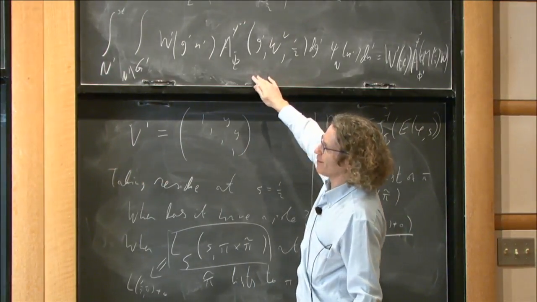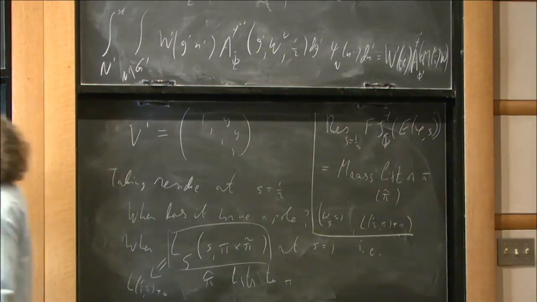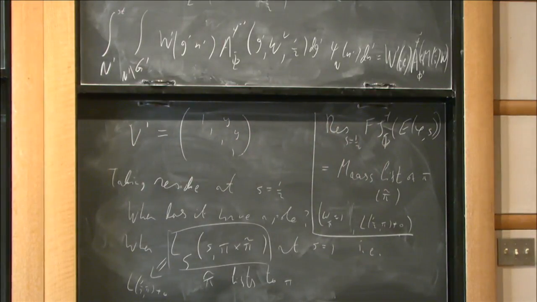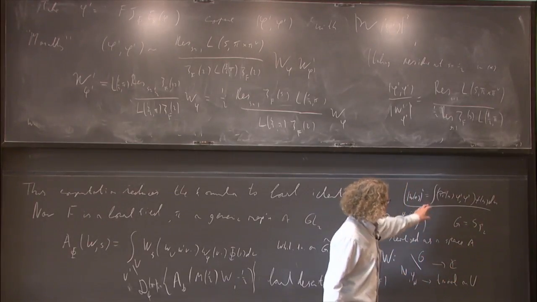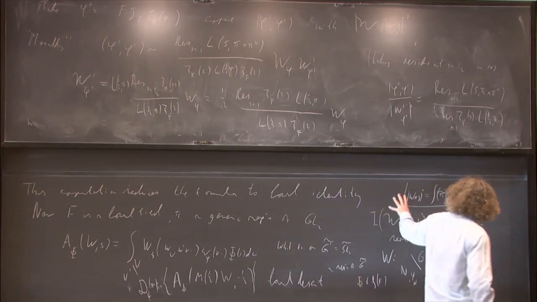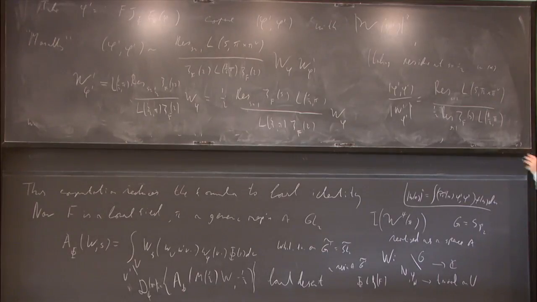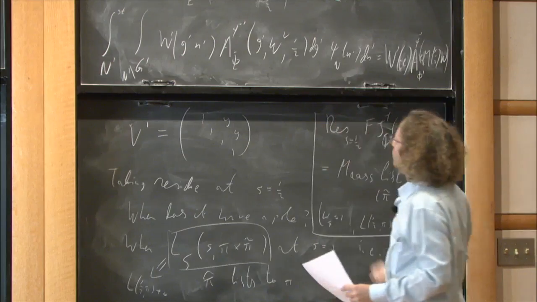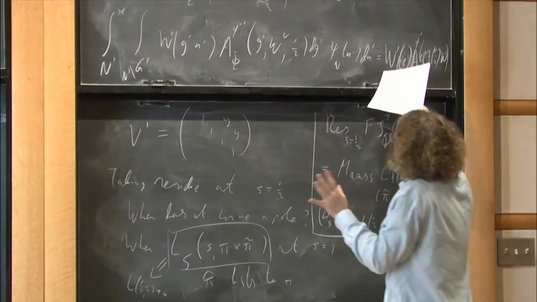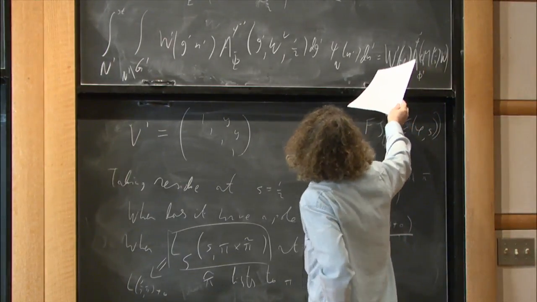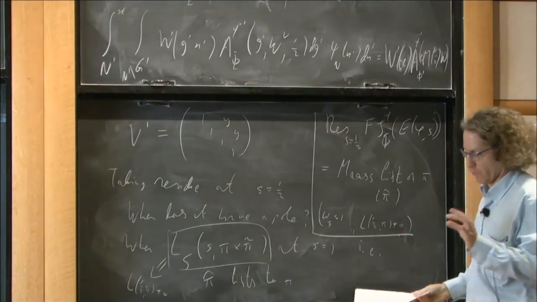Now this becomes the left-hand side, and that should match the Whittaker. After I ignore all the L factors, which is what I showed here, it all boils down to this kind of identity. It's really an identity on the nose.